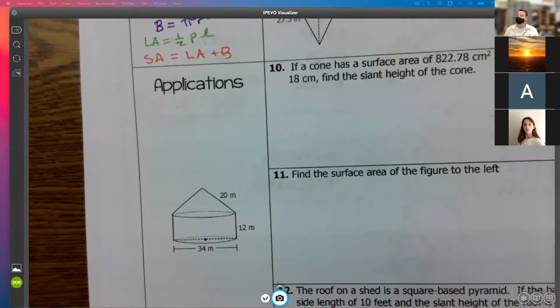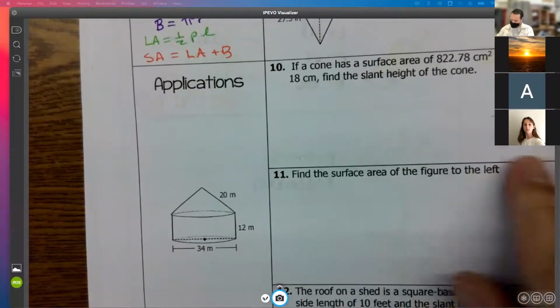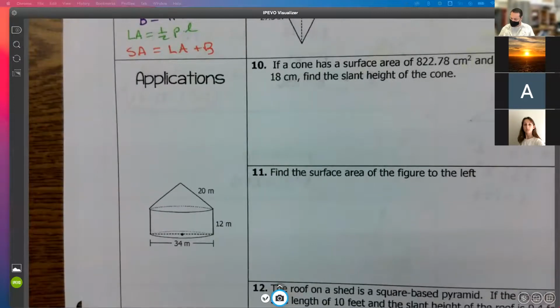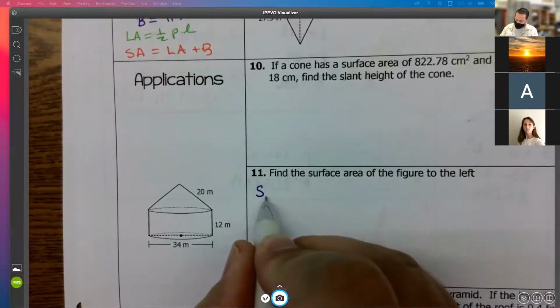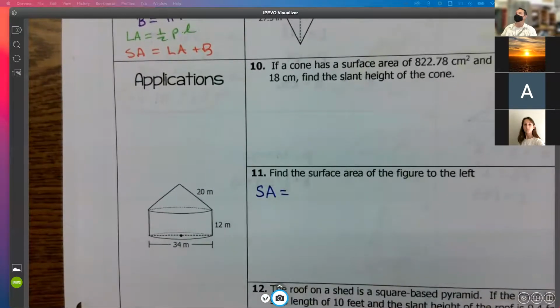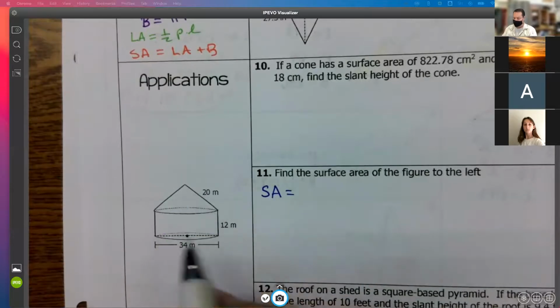Okay, the rest of this sheet is those types of problems. Maybe I'll do one more with you. Let's do number 11. How do we do number 11? It's asking for the surface area of this shape.